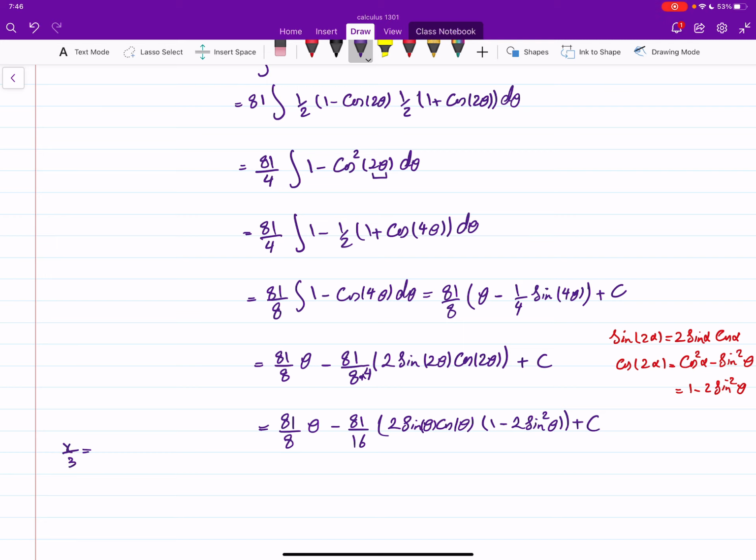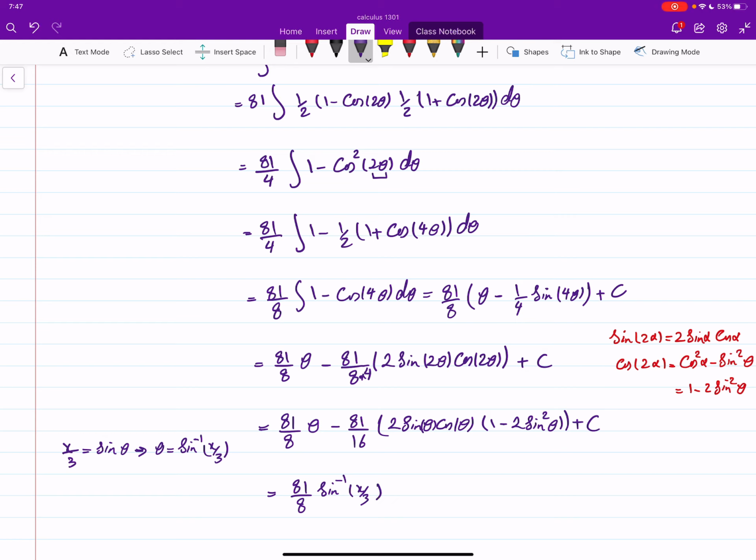From there, you can see that theta is going to be sine inverse of x over 3. So that will give me 81 over 8 sine inverse of x over 3 for the first term.